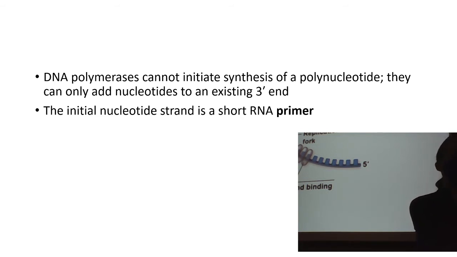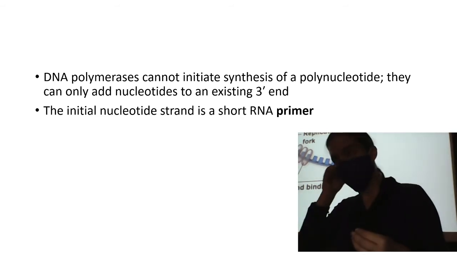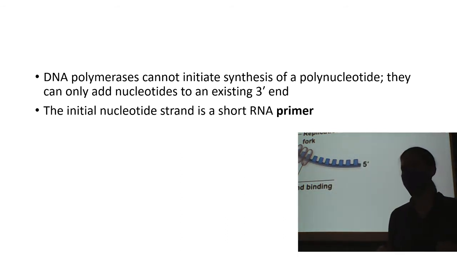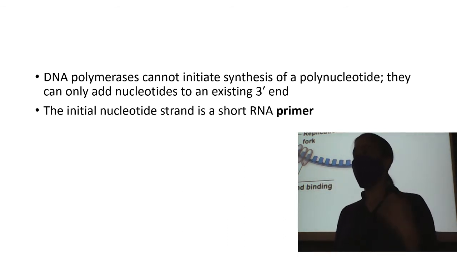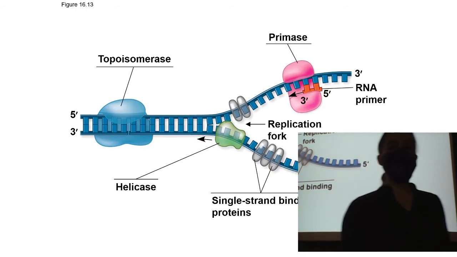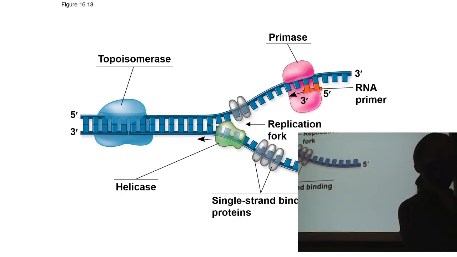So before you even start replicating, you need something called a primer. It's made out of RNA, and an enzyme called primase is going to add a little RNA primer, which is going to give you a free 3' end that you can then add DNA to.